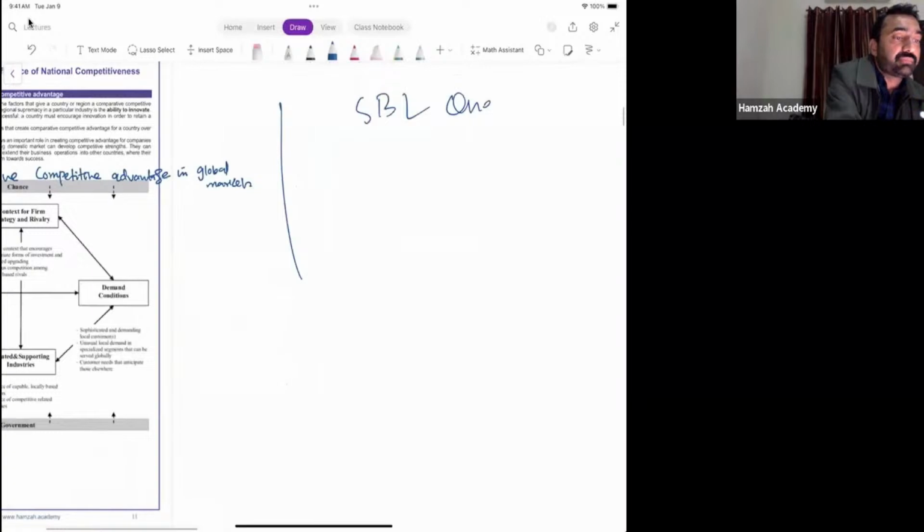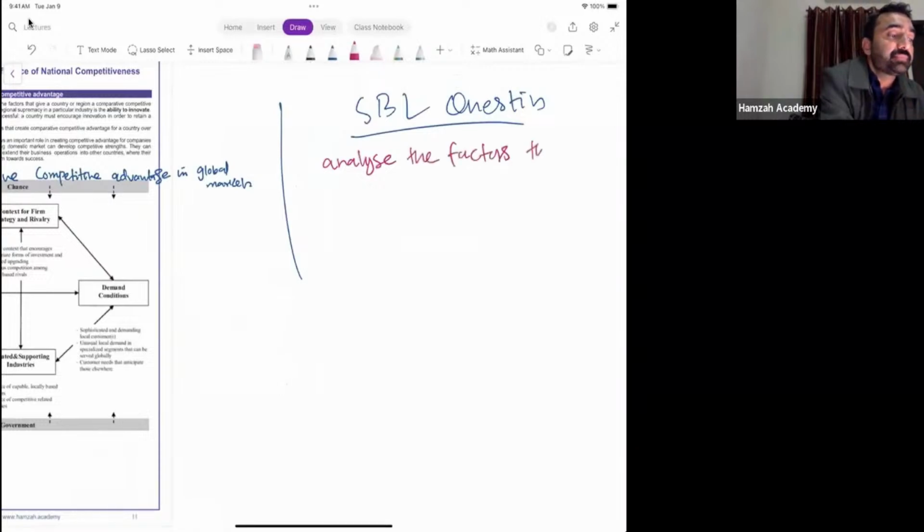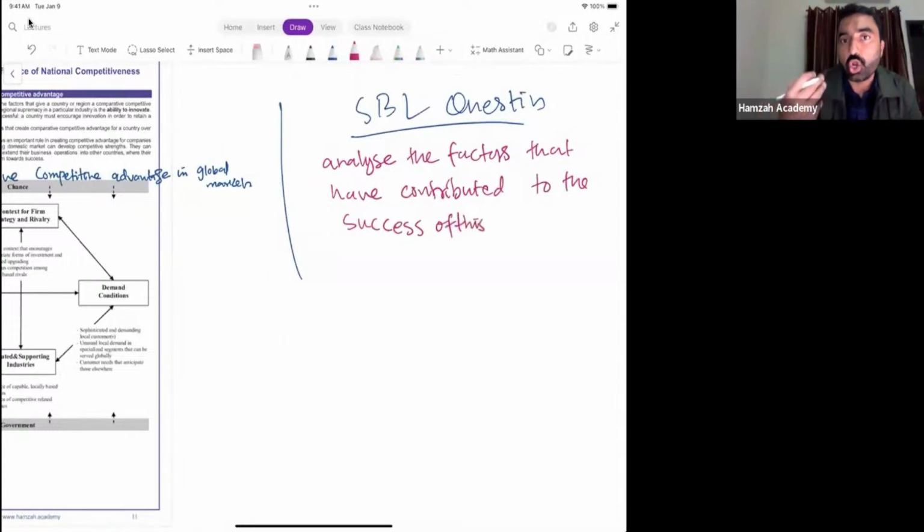SBL questions. For example, one of the questions in one of the SBL papers was: analyze the factors that have contributed to the success of this. Like, there was a clothing company, a clothing brand that was highly successful in certain markets, but only averagely successful, not much successful, in other markets.